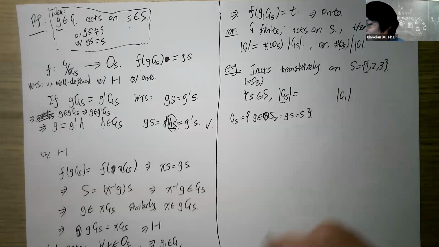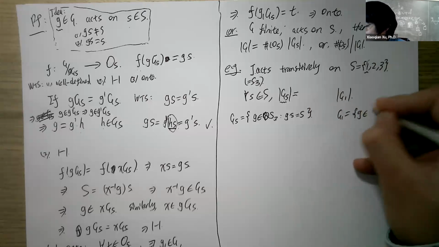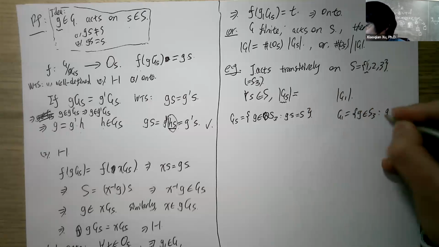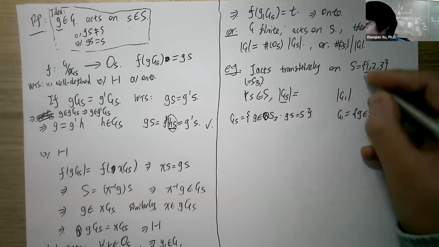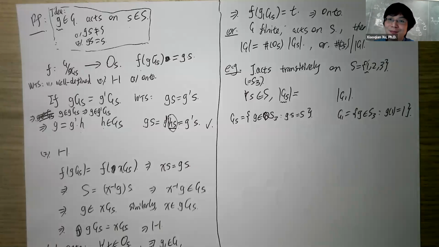Well, the stabilizer of point 1 is all the g in S3 such that g maps point 1 to 1. What is the order of it? The question is, think about it. What is the order of, for instance, G_1?